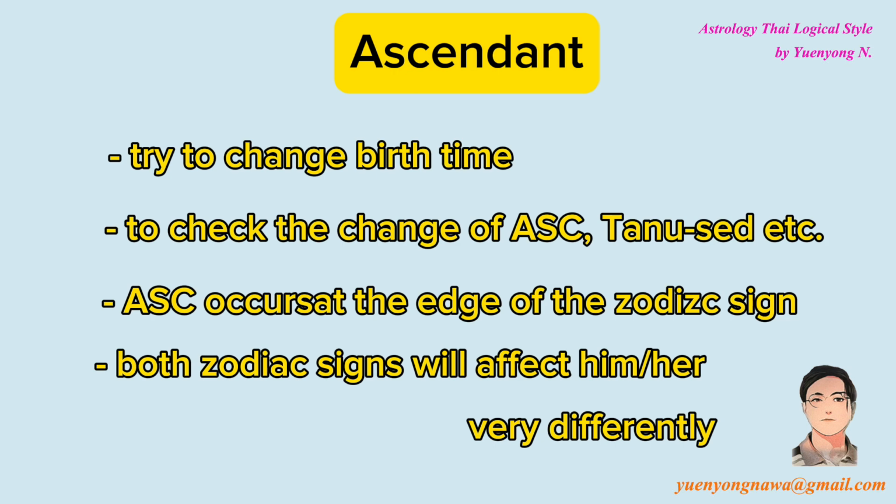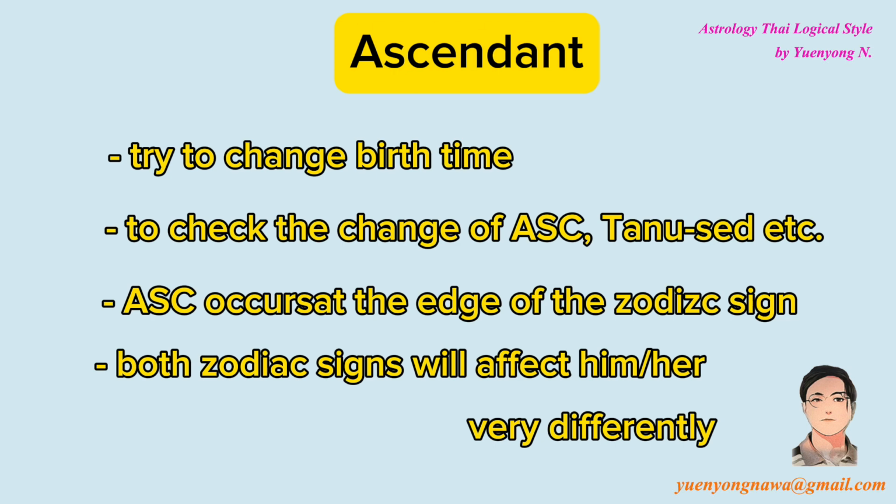The problem of ascendant occurs at the edge of the zodiac sign. Sometimes the time of birth differs only a minute, but it could change a zodiac sign. In this matter, we could test by moving an ascendant to both zodiac signs. Considering which one is a match to that person's character, we use that sign. Both zodiac signs will affect him, her very differently.